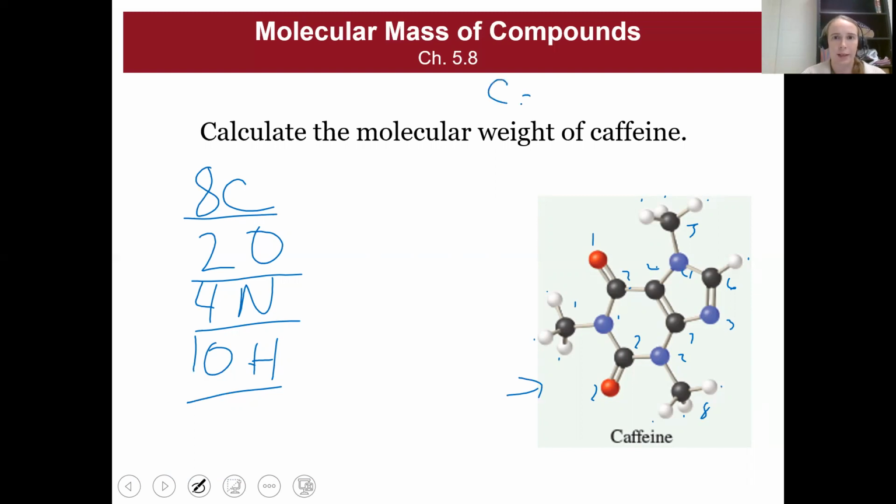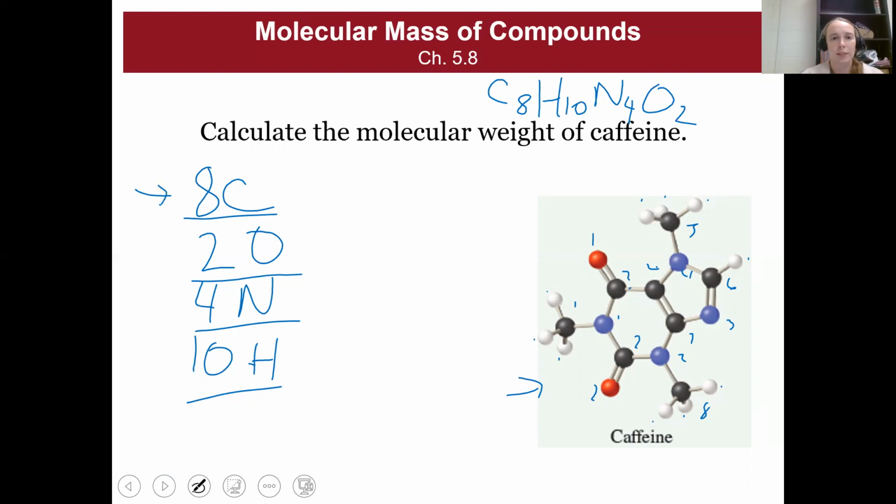It'd be C8H10N4O2. We usually put C first and then H, just how it works. That's our molecular formula, though we don't really need it because this is what we really want.